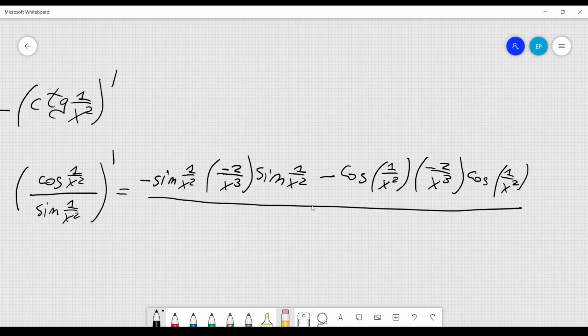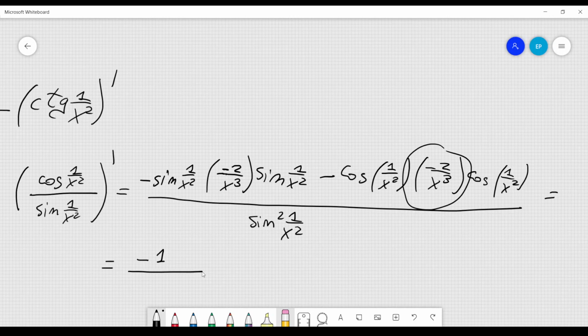And then we have to divide by the denominator squared, so we have sine squared of 1 over x squared. If you factor out this term, you can see that we have minus sine squared minus cosine squared, so we have minus 1 here divided by the sine squared of 1 over x squared. And we also have to multiply by minus 2 over x to the third power.